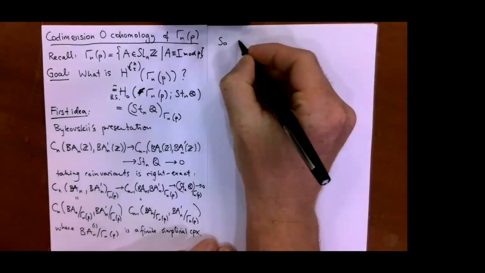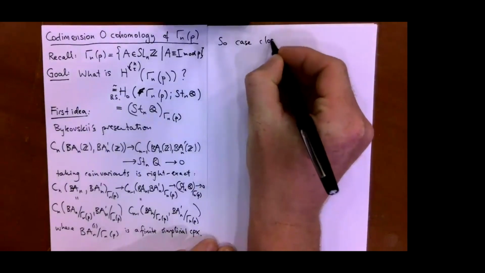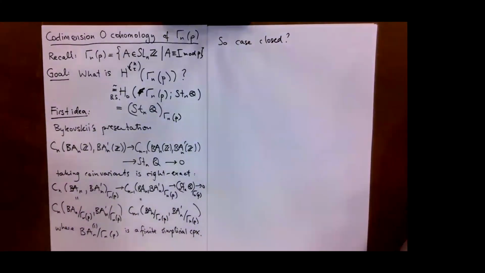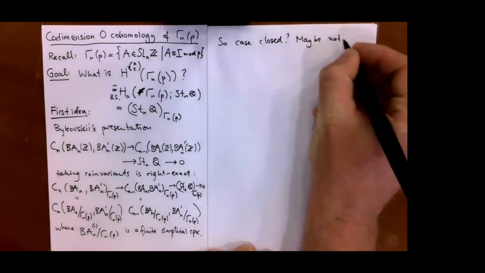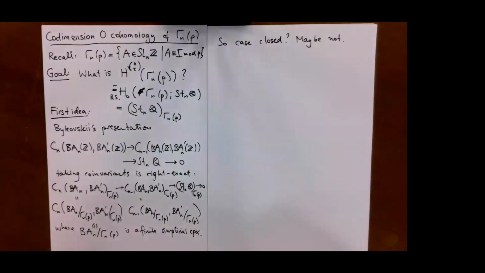Yeah, so case closed. We're done for this lecture? Surely not. There's still some minutes to go. Why not? This actually turns out to be not very computable. I tasked Graham to compute some of these things.